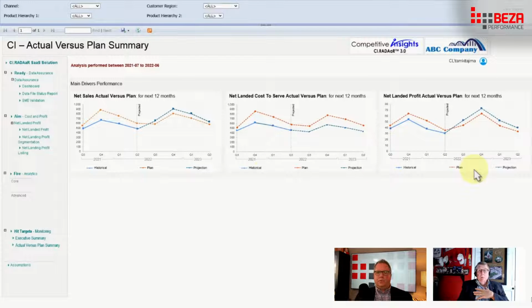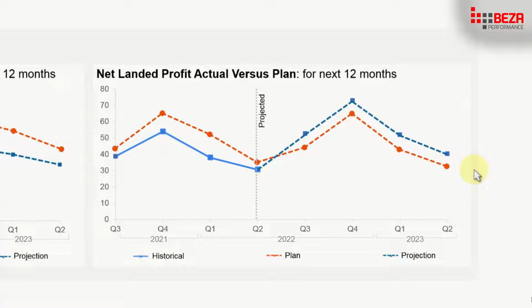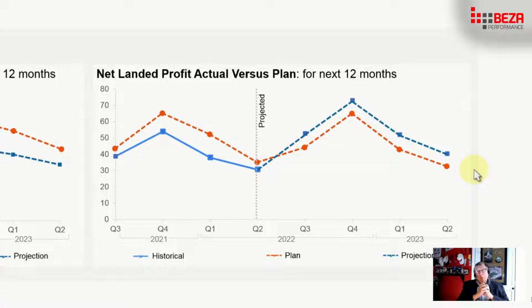So we're going to drill in now on the actual profit. This is really interesting. So now what we see is that, as we saw before, historically we have not really been hitting our targets on profit, and that's a problem, especially in today's world.